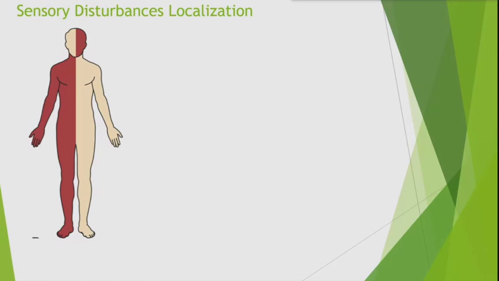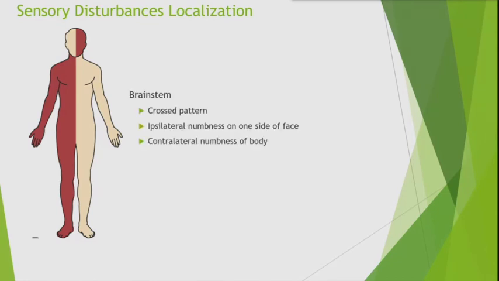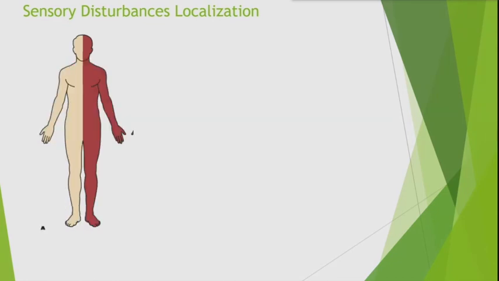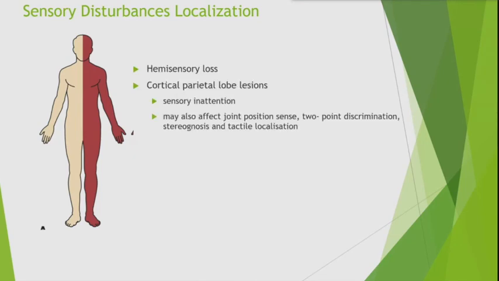Crossed hemianesthesia. So brainstem lesion. This is hemisensory loss. So today's class, basically we are just going to tell you clinical methods only, how to test. So tell me how to test for touch sensation.